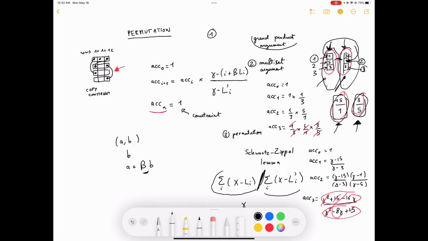So okay, let's write the equation i plus, oh, it's not going to be i here, actually. We're going to do the permutation of i plus beta l_i prime.